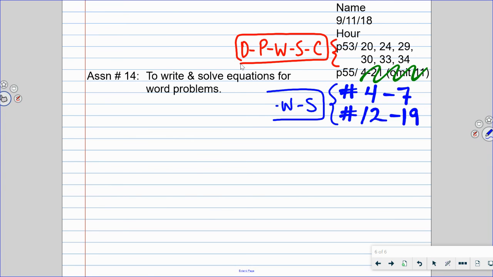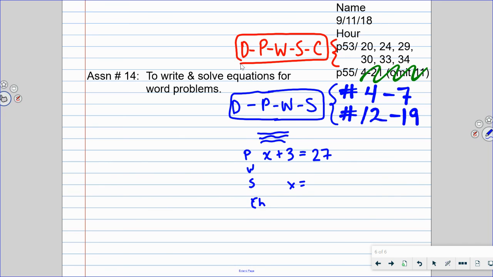Oh, you know what? I guess I should have been a little more specific though. When you do get to this assignment, instead of writing down all the sentences, you're going to say, okay, 3 more than a number is 27. What's that number got to be? So I guess you will write a problem and then work and then solution, but it doesn't ask you to check.